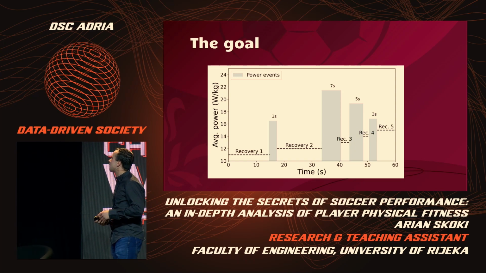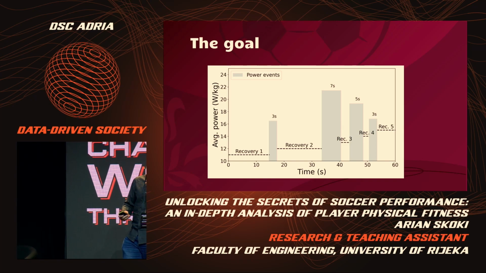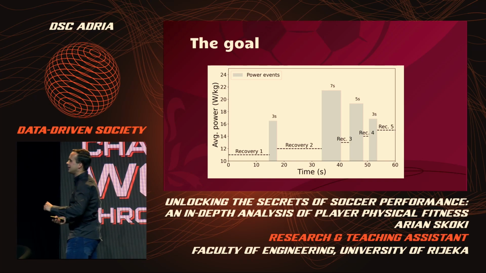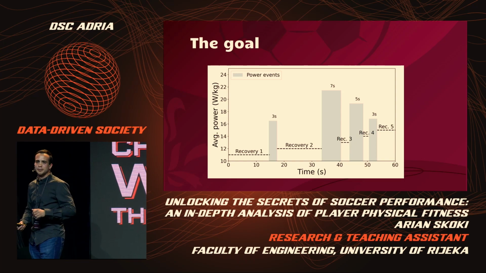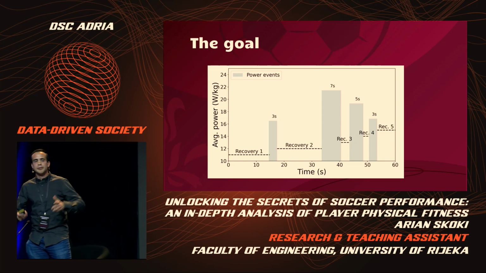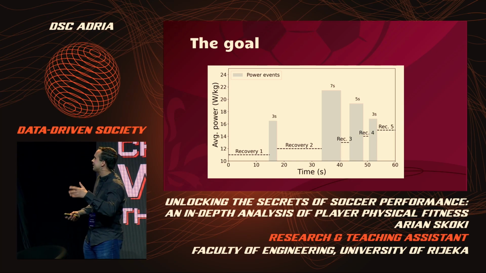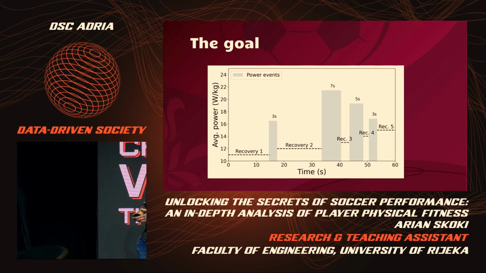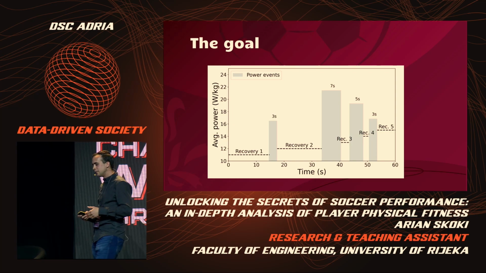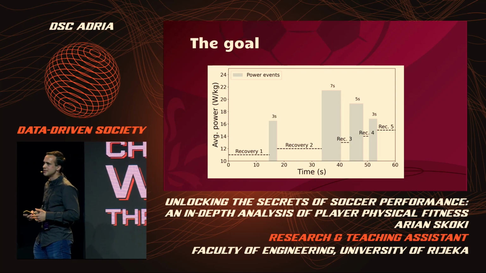Okay, now looking at this picture, let's imagine that you and me, we are not professional football players, and we need to perform a sprint. So we do a 10-meter sprint, which lasts for 3 seconds. Then we do a rest of 20 seconds.